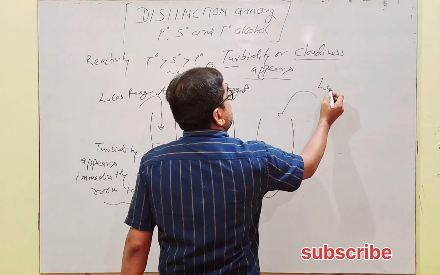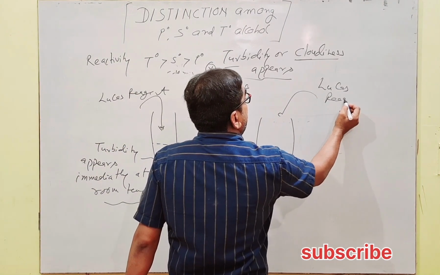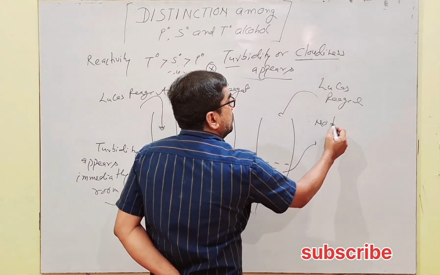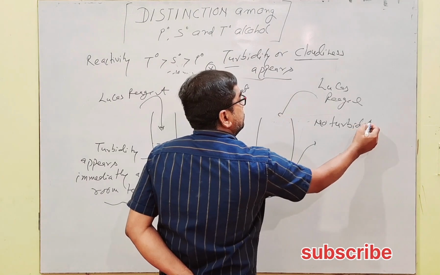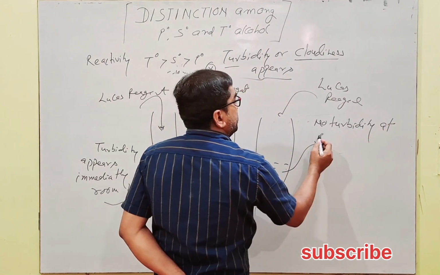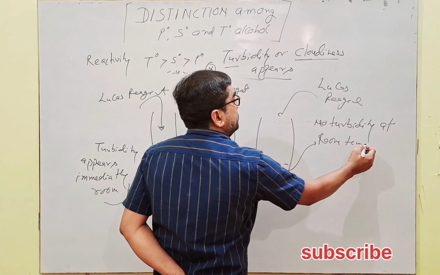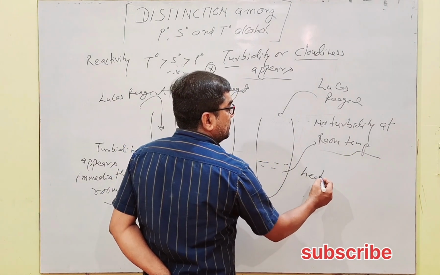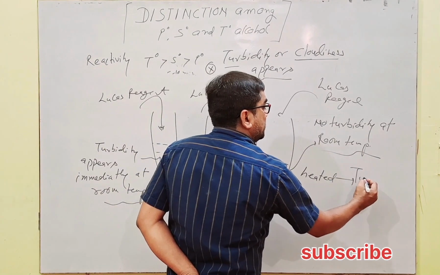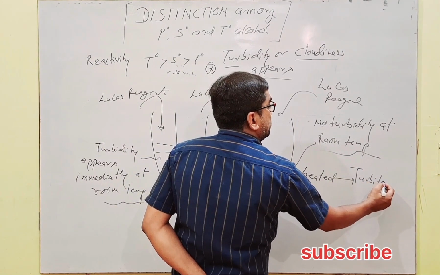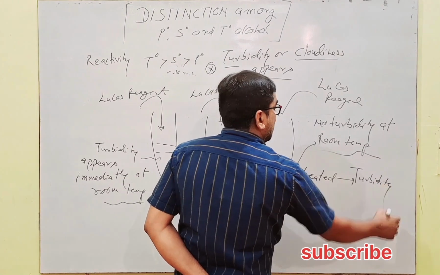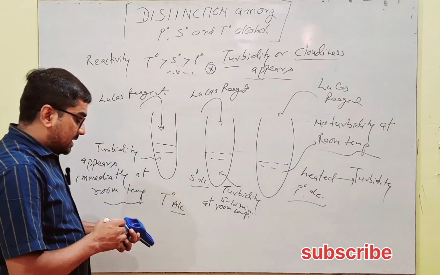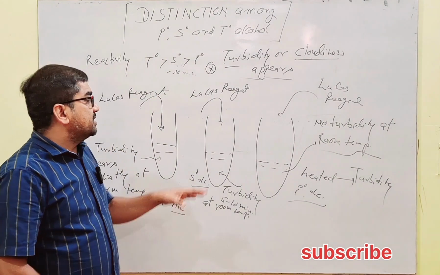And when Lucas reagent is added and no turbidity appears at room temperature, तापमान पर कोई भी turbidity नहीं होगी. When it is heated, it results in turbidity. So this will be primary alcohol. So it's a simple test that Lucas reagent reacts with primary, secondary and tertiary alcohols.